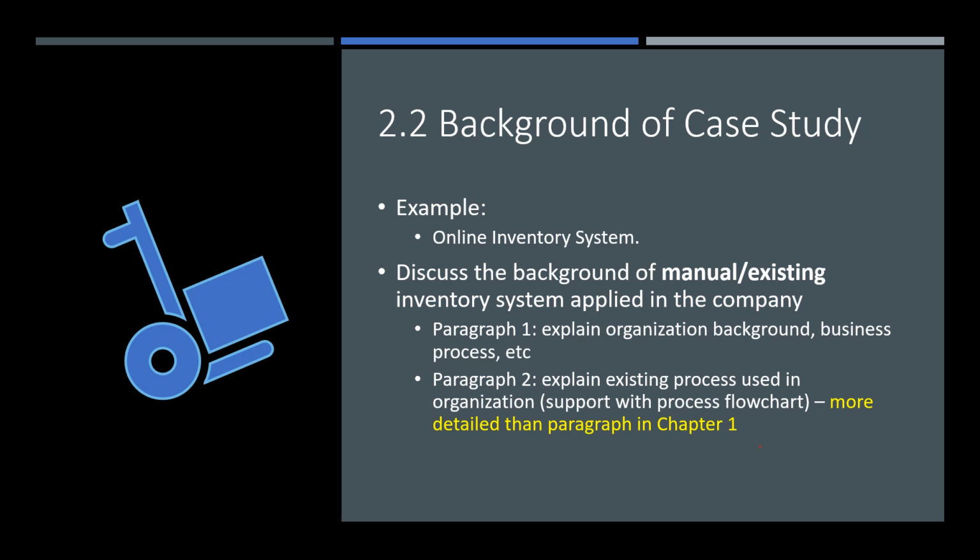If you have pictures of their data management, like the form they use, the spreadsheet they use, the logbook, the shelf where they keep the files, or even if they already use an online system, if you can get their pictures, you can put these pictures here to explain how the existing process is used in the case study.